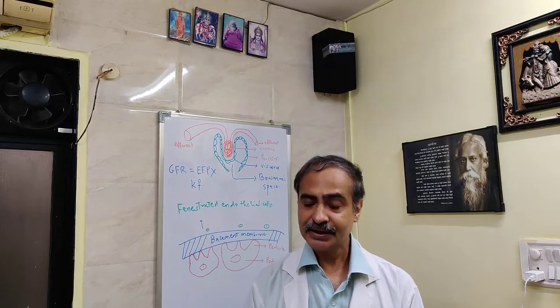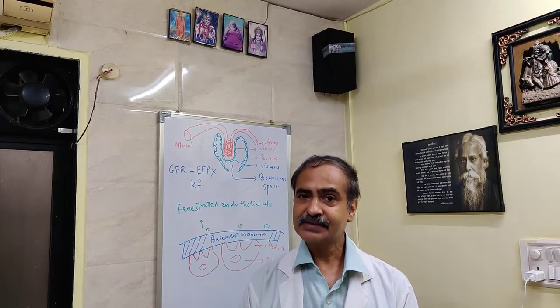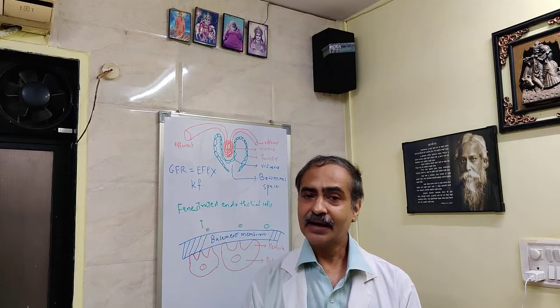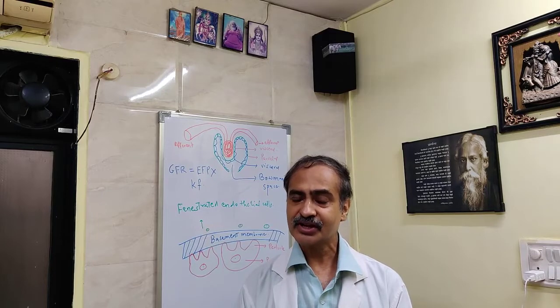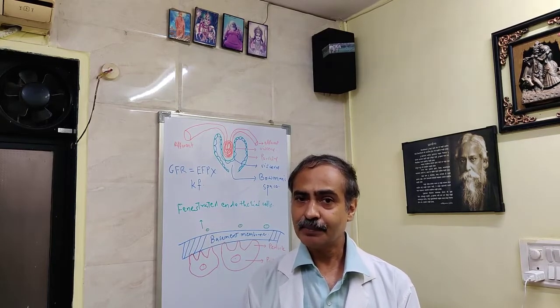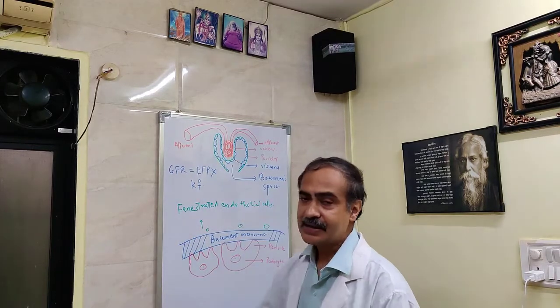In case of kidney, the process of formation of glomerular filtrate takes place by a spatial, structural and functional adjustment, and the most important structural and functional adjustment is that in the glomerular capillary bed there is development of high hydrostatic pressure.